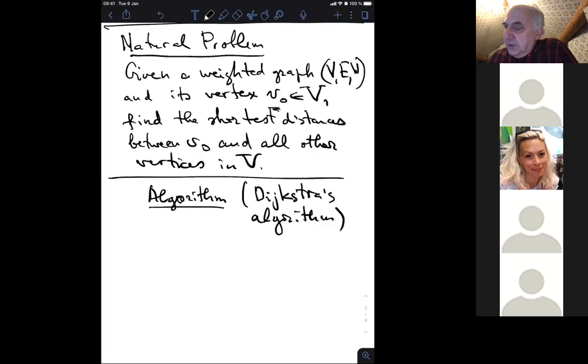And a nice thing about this algorithm is that if you look a little bit more carefully at its output, it will provide you with the shortest routes. If you want to travel from V0 to any other vertex W, it will tell you also how you should travel.